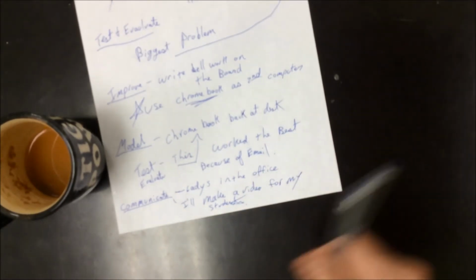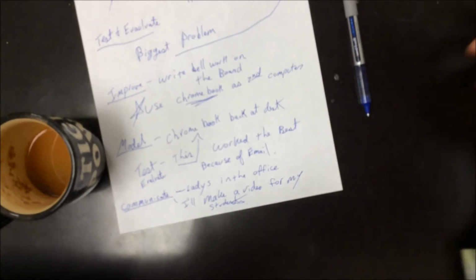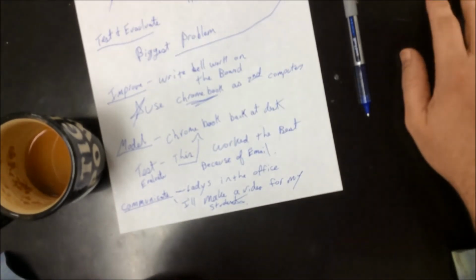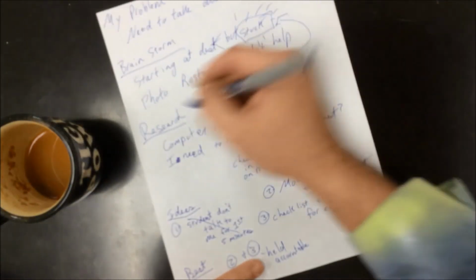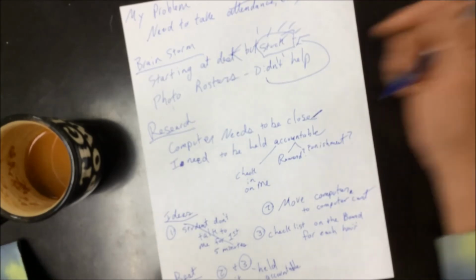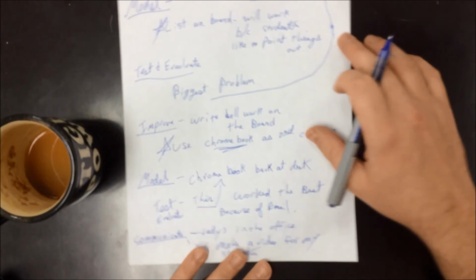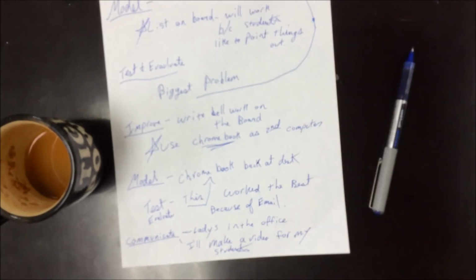Yeah, okay, so I'm gonna go make a video, and then I'll see if next time I have class, we'll see if this plan works. If it doesn't work, then I guess I'll go back and I'll add this one to brainstorm, because it doesn't work. So I've tried multiple things, so I'm going to keep going. But I think this one may be a keeper. We'll see. I don't know.